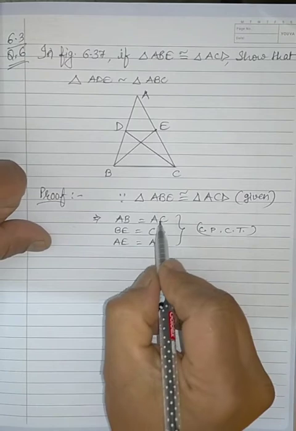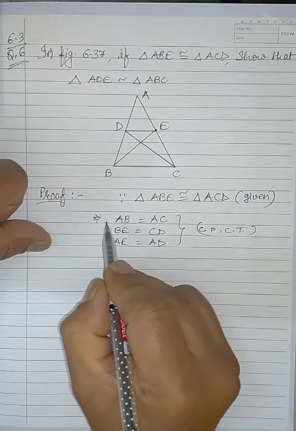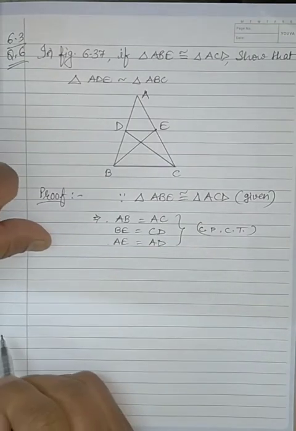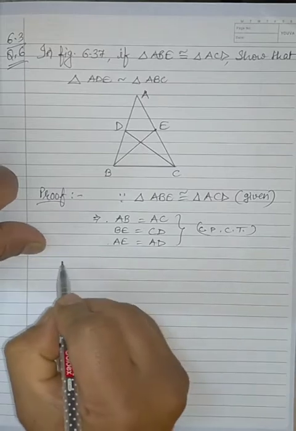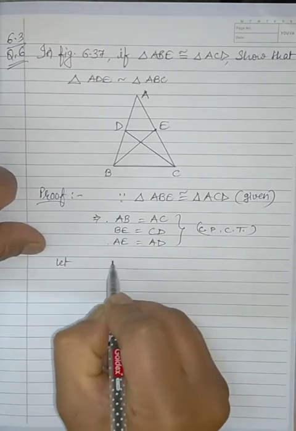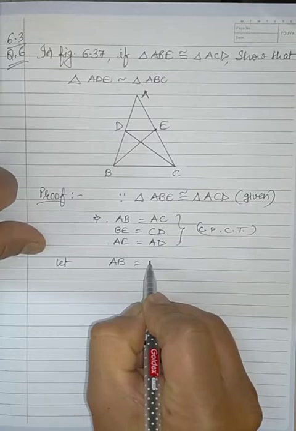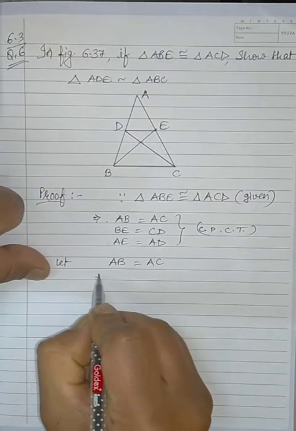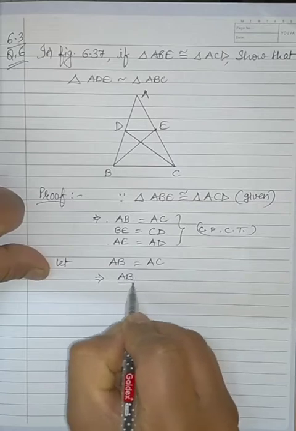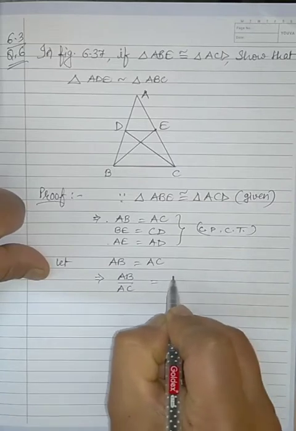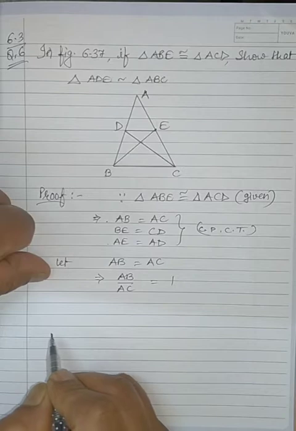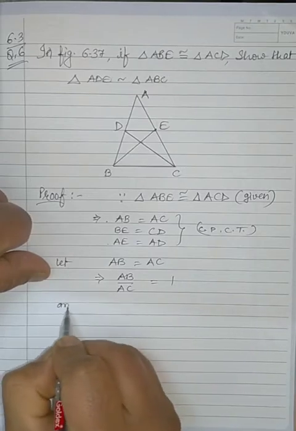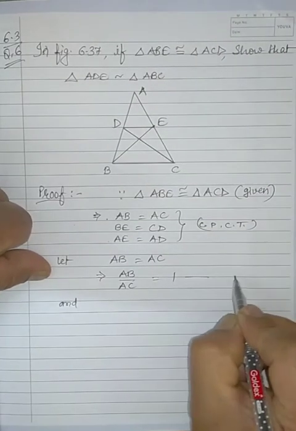Now out of these three ratios, we will use this one and this one too. So here, AB is equal to AC. This implies that AB upon AC is equal to 1. Let this be equation number 1.